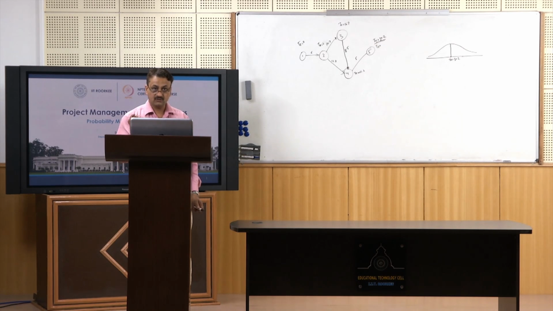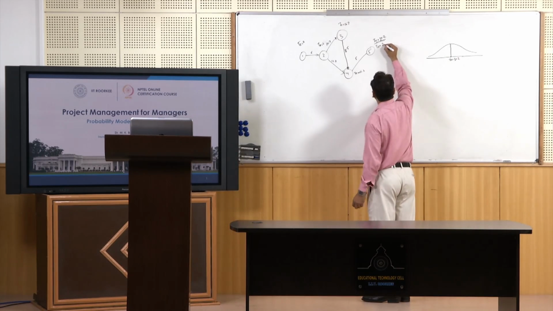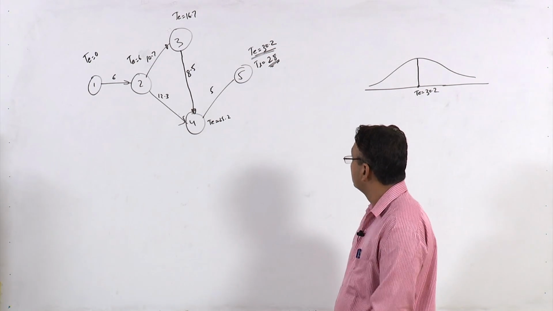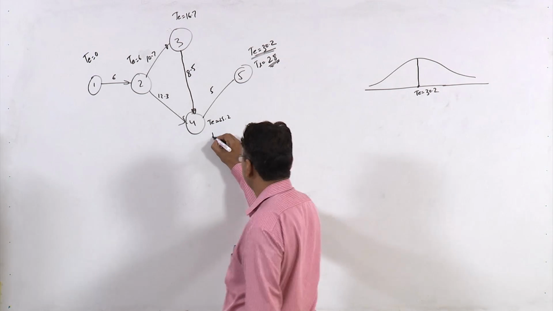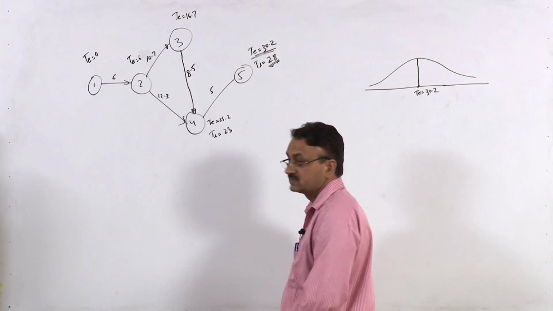So this is the scheduled completion time, and let us take this as 28. Now 28 minus 5, TL is equal to 23.